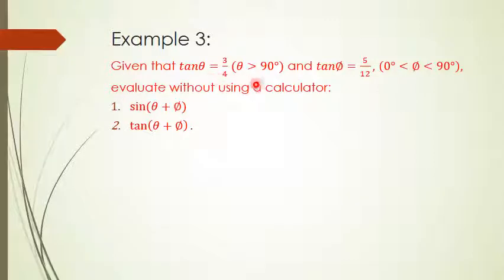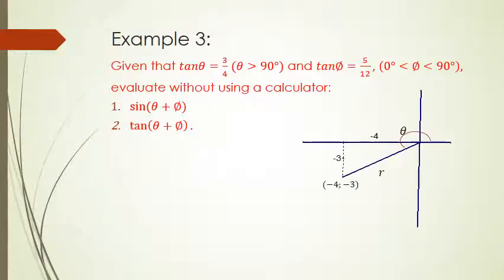Now we have two pieces of information here. Tan theta is positive and theta is greater than 90 degrees. Tan theta is positive in two quadrants, the first and the third. But this rules out the first because we are told that theta must be greater than 90. So we conclude that theta is in the third quadrant. So let's have the sketch of the diagram. That's our angle theta falling in the third quadrant.